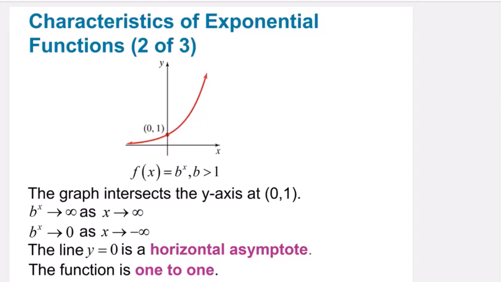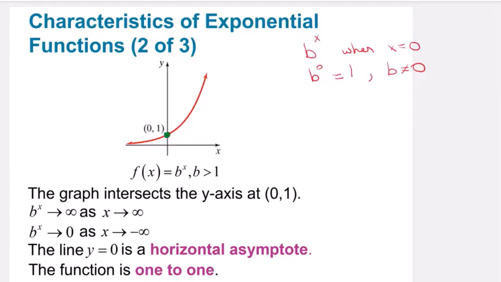Remember, we have b to the x. Now, whatever base I have to the x power, when x equals 0, I have b to the 0. Anything to the 0 power equals 1 as long as b does not equal 0. Anytime you're graphing an exponential function and it's just b to the x, we're always going to go through the point 0, 1.